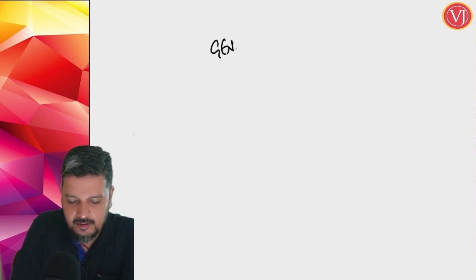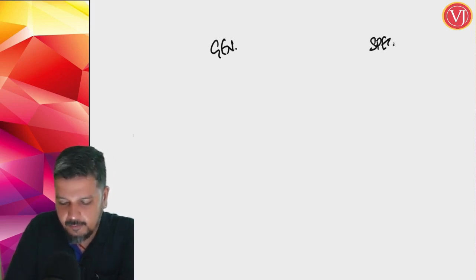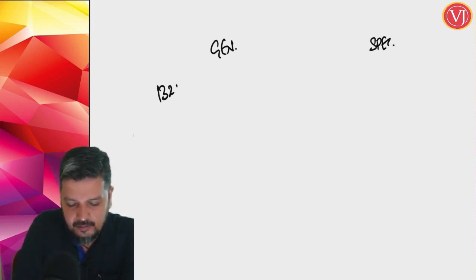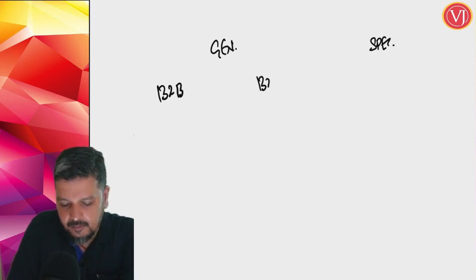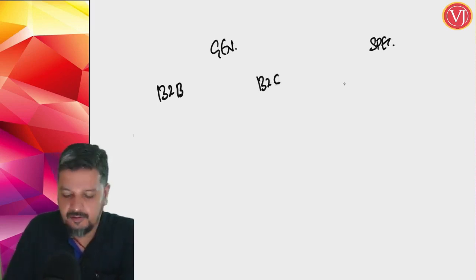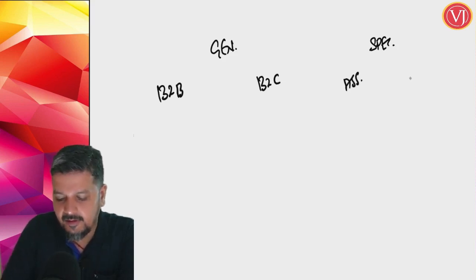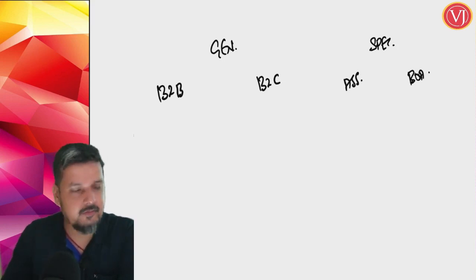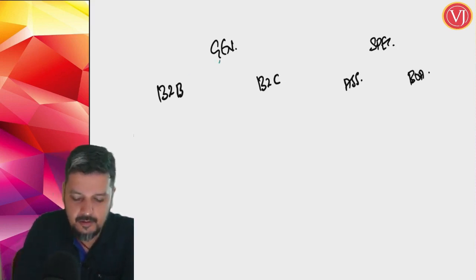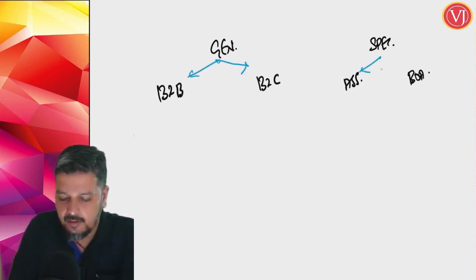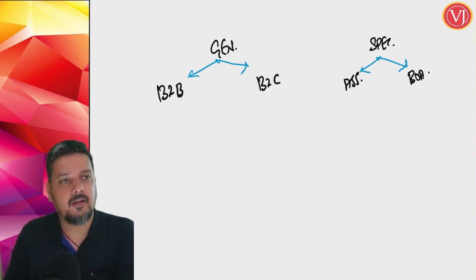Rather, we'll make it more clear. General transactions, special transactions. General transactions are B2B and B2C. Special transactions are goods assembled at site and goods sold on board a conveyance. So in general, you have 2 categories, and in special, you have 2 categories.